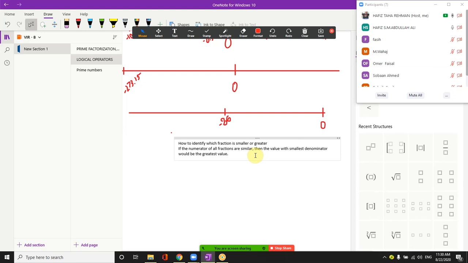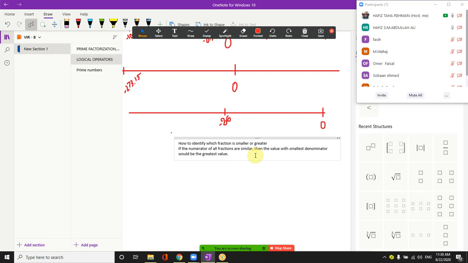If the numerators are similar, like 1 upon 3 and 1 upon 5, which both have numerator 1, then the value with the smallest denominator would be the greatest. It means 1 upon 5 and 1 upon 4, which value is greater? Because they both have similar numerator 1, we need to check the denominator.